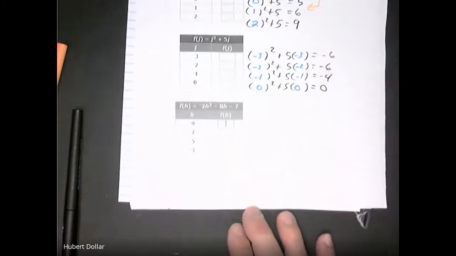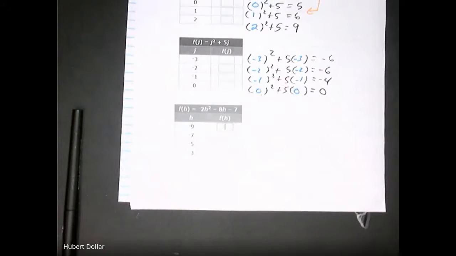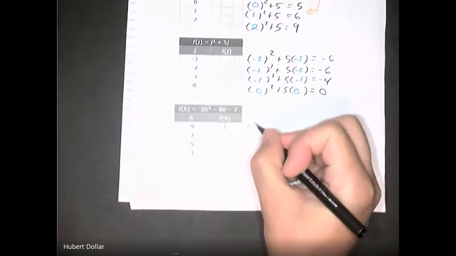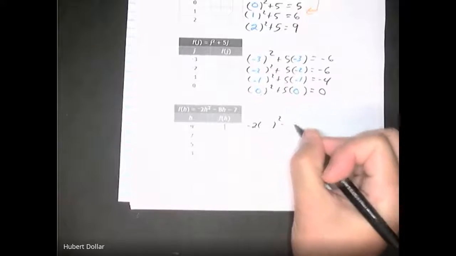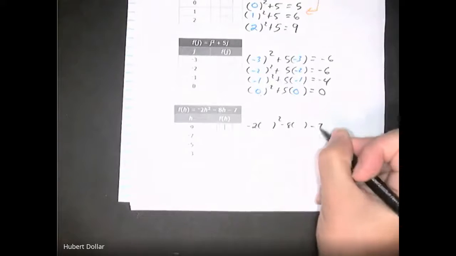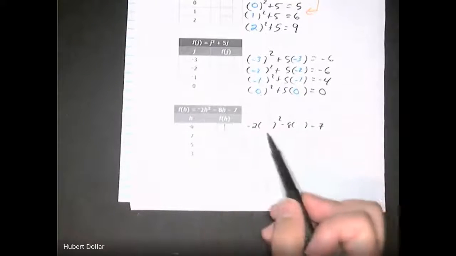So the last problem is a trinomial. And so we will write negative 2, parentheses, squared minus 8, parentheses, minus 7.